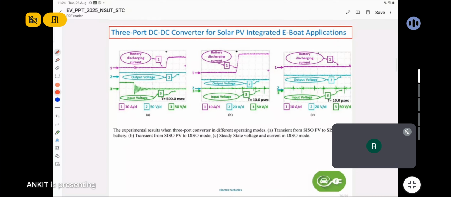So these are the hardware results of this work. Whenever battery discharging takes place, its current will rise. Only the transient waveform has been shown here.